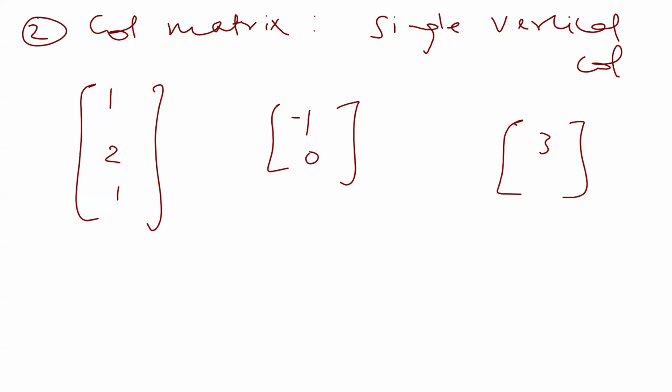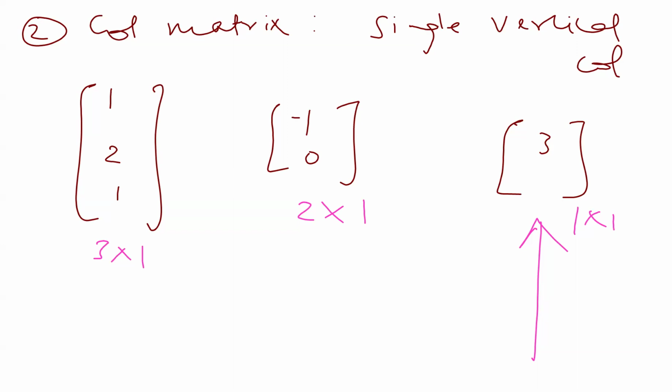The order of the first matrix is three horizontal rows and one vertical column, 3 by 1. Second matrix, two horizontal rows and one vertical column. Third one, 1 by 1. This particular matrix is a row as well as a column matrix. It's a singleton matrix. It has only one object. So a column matrix has a single vertical column.